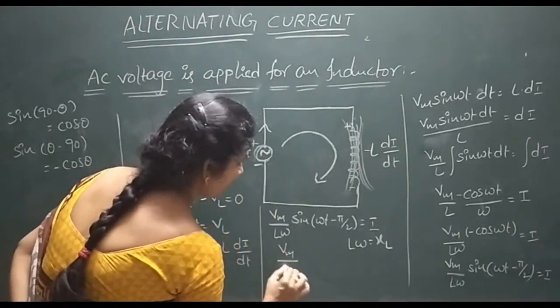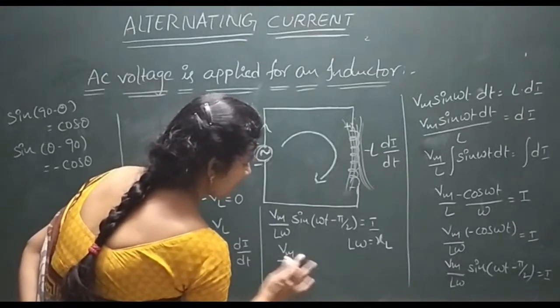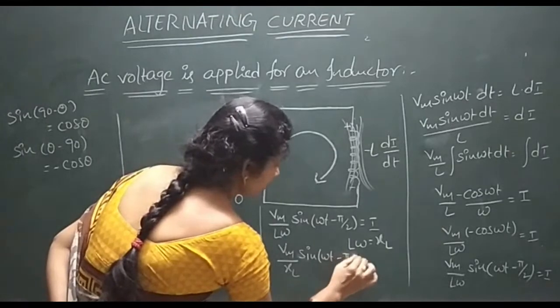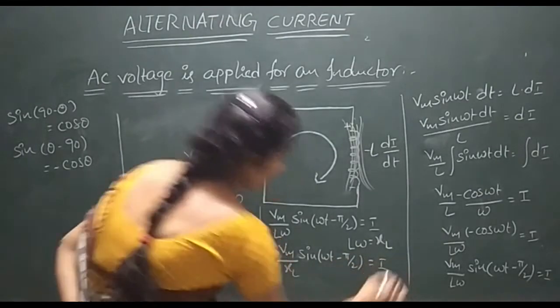So Vm by XL into sin omega t minus pi by 2 equals I.